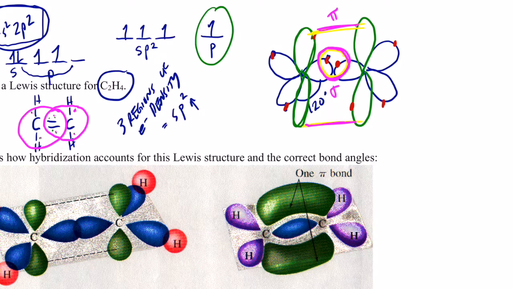So in C2H4, we have a double bond. One of those bonds between carbon atoms is a sigma bond, and the other one is a pi bond. Once again, a sigma bond is a head-to-head overlap of hybridized orbitals, and a pi bond is a sideways or parallel overlap of non-hybridized p orbitals.